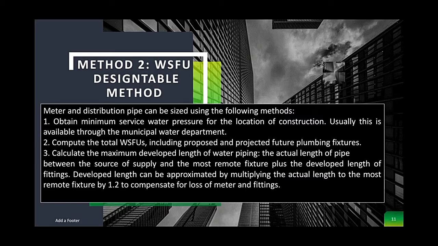3. Calculate the maximum developed length of water piping, the actual length of pipe between the source of supply and the most remote fixture plus the developed length of fittings. Developed length can be approximated by multiplying the actual length to the most remote fixture by 1.2 to compensate for the loss of meter and fittings.